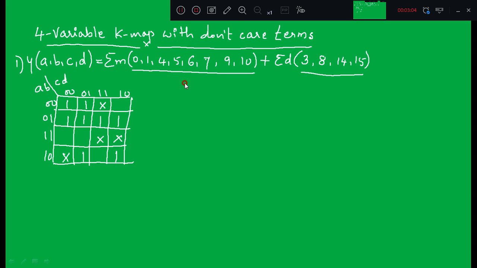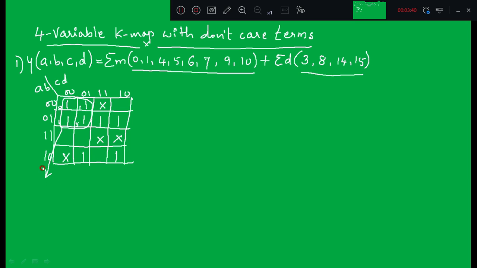These four ones, the cell numbers 0, 1, 4 and 5 can be grouped, right? First you try to cover all ones with the minimum number of groupings. If not possible, then you combine those min terms with don't cares. It is not necessary to use don't cares. If you can't form the largest groups, then you can cover those min terms with don't cares.